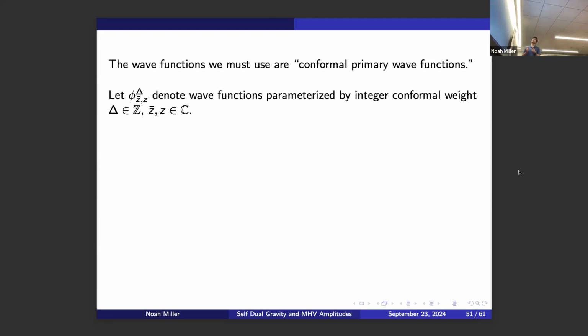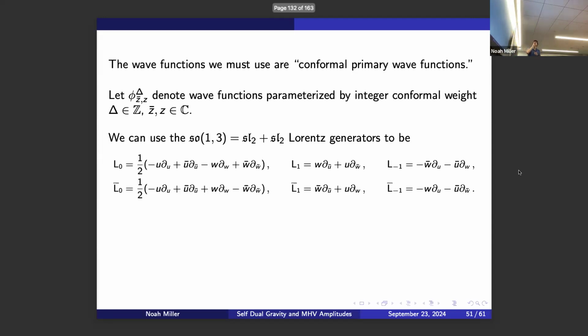So now we're going to define some new wave functions that aren't plane waves, but they're parameterized by an integer delta and two complex numbers z and z bar. As an important piece of background, you can rewrite the Lorentz generators as two SL2s.